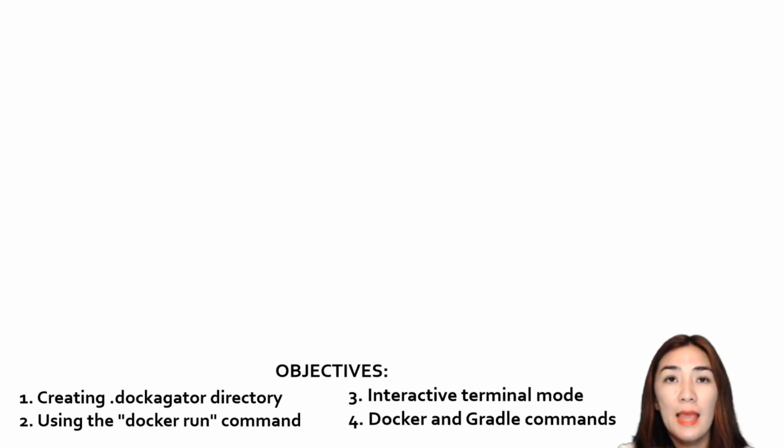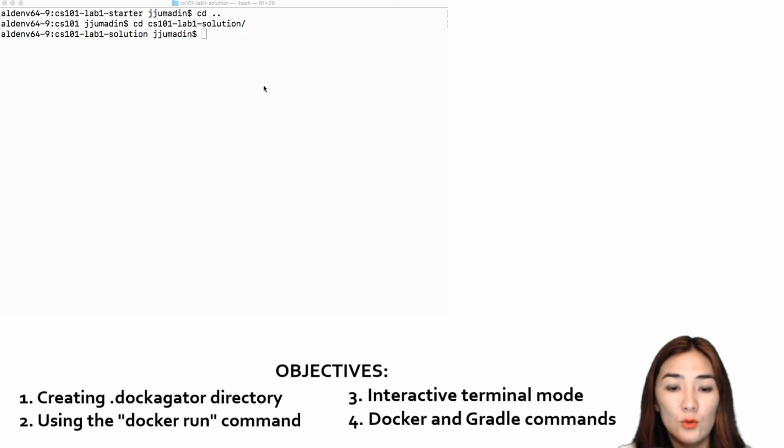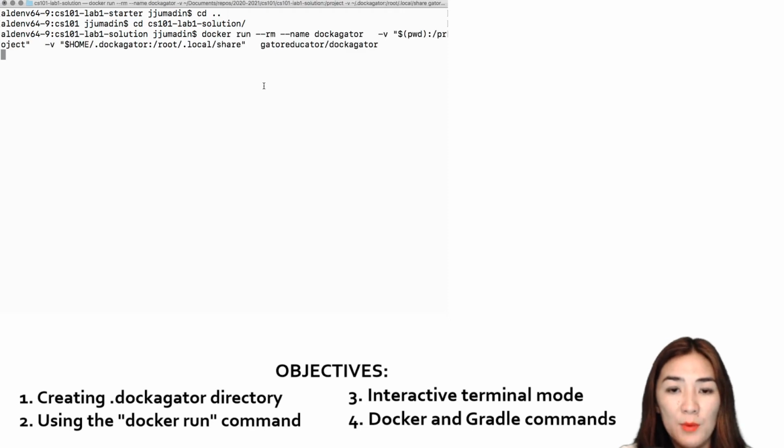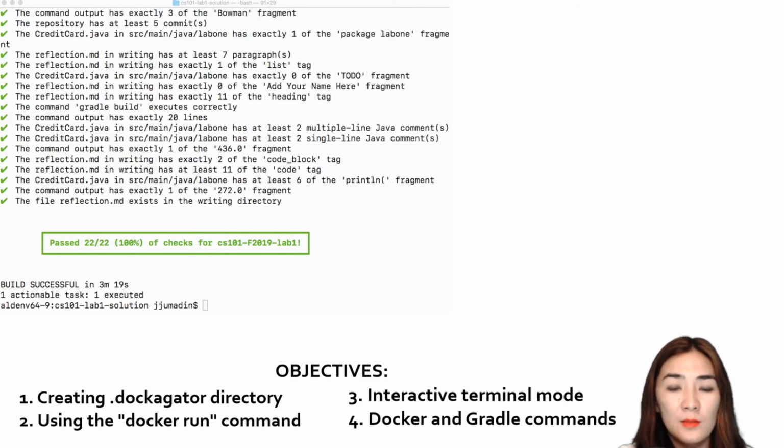Now let's see what happens when all of the checks are met. I'm going to navigate to a different directory with the solution of Lab 1 and run the same Docker run command as before by using the up arrow to remember it. You'll see the same output initially, but a different list appears. In fact, in this list, all of the items have a green check next to them.